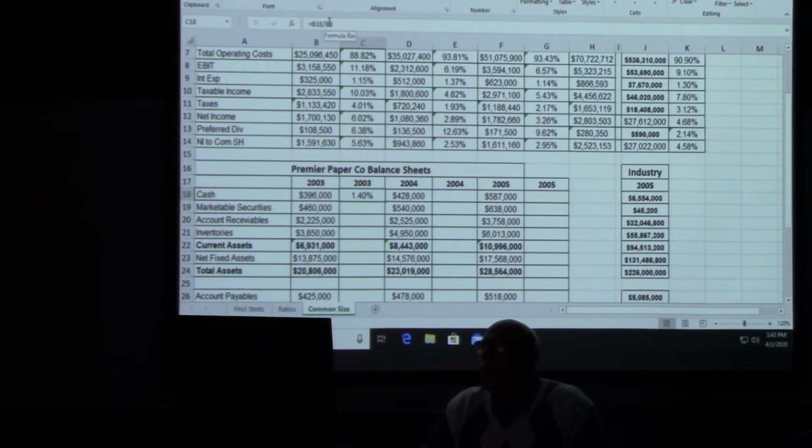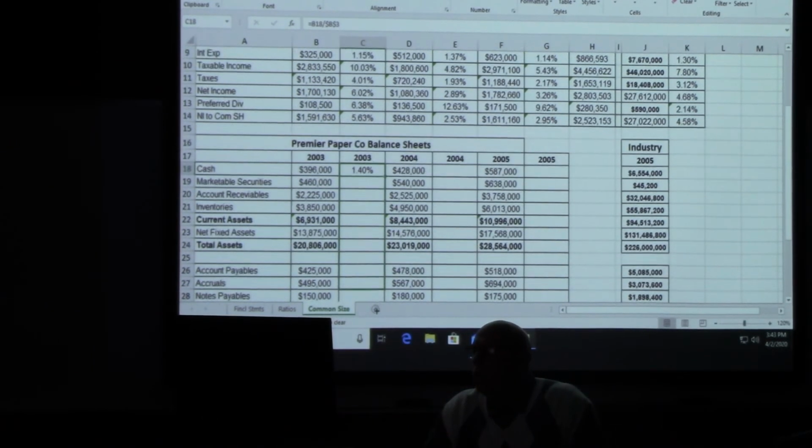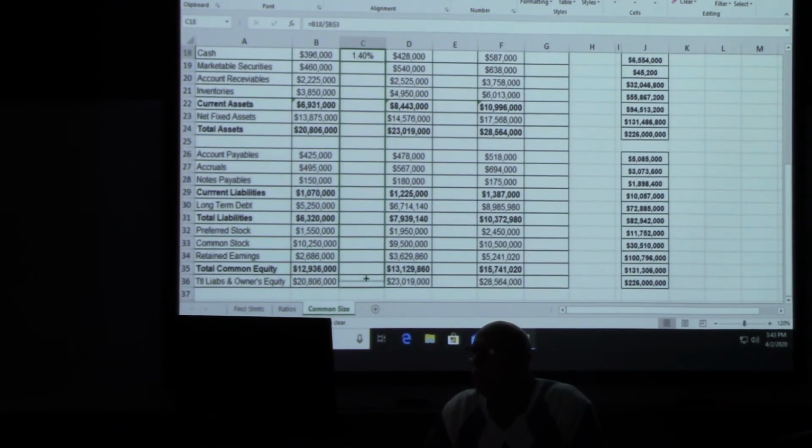And let's go ahead and anchor this number right here, and go ahead and move this all the way down here. Okay, we can do that. All right, so that all matches up.